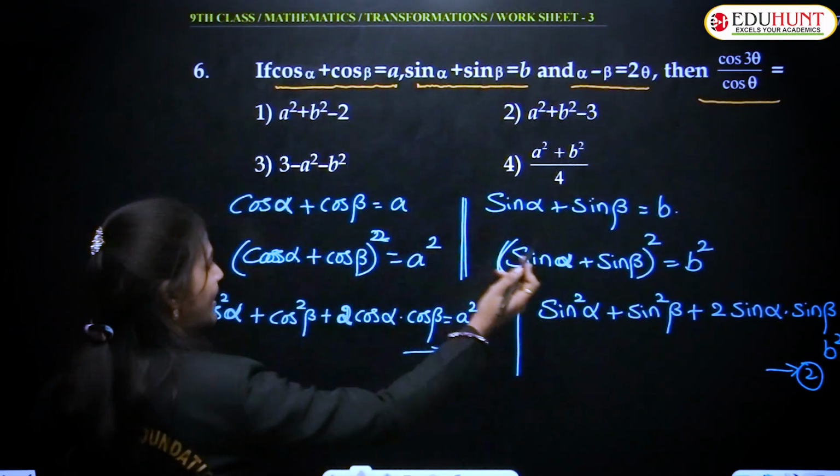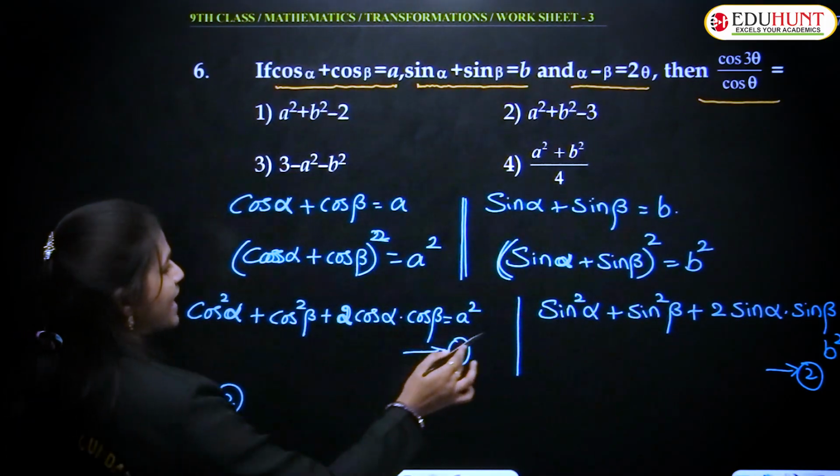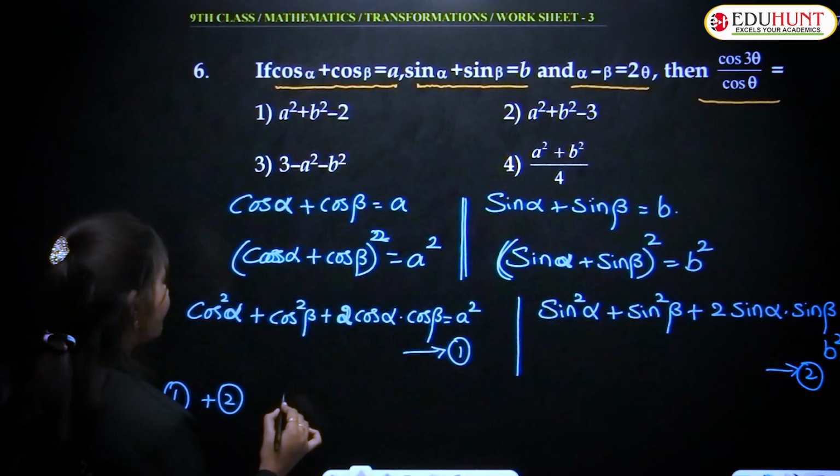While you are adding these 2 equations, here together I am writing the terms. Here sin square alpha is there, here cos square alpha is there.